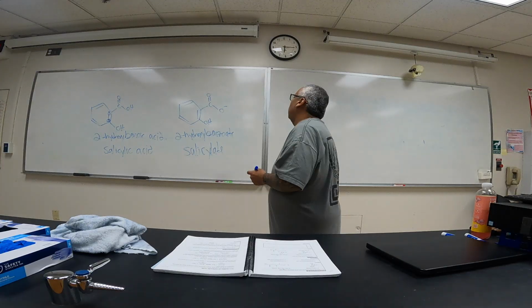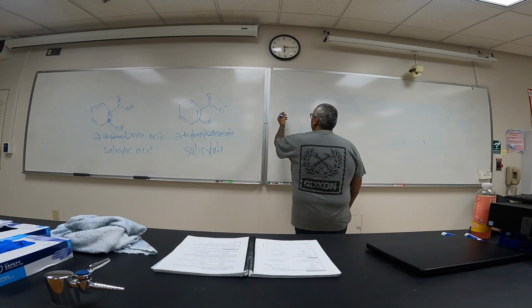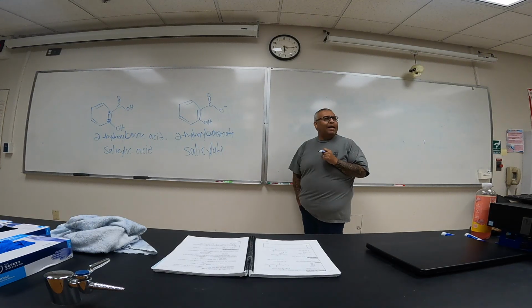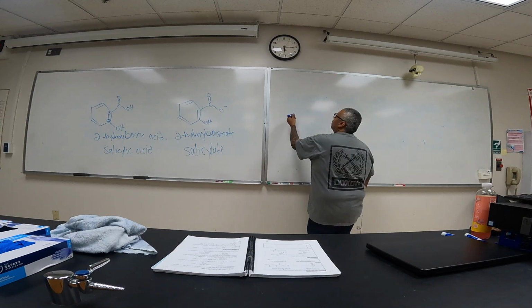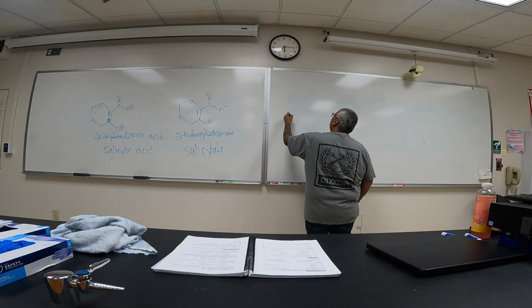All right. We talked about ionizing these. We ionize them, we just put it in water, we ionize it, but acids can also be neutralized. We can neutralize a carboxylic acid instead of just ionizing it. So let's take the small one here. We'll take acetic acid.